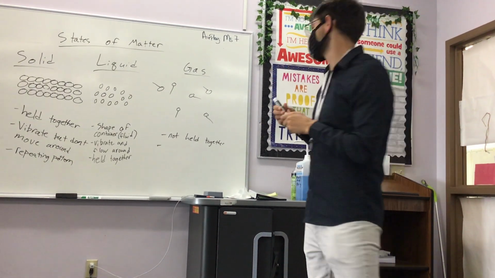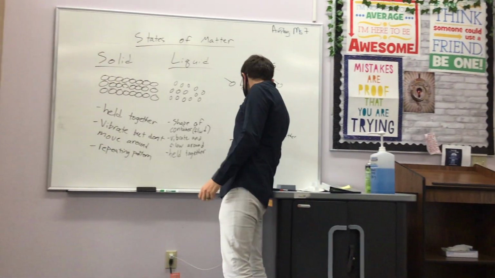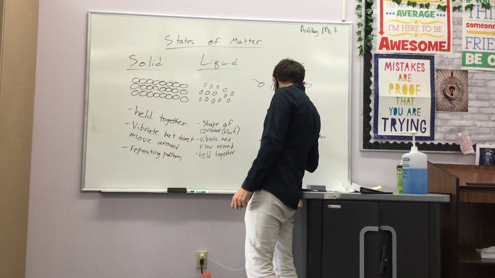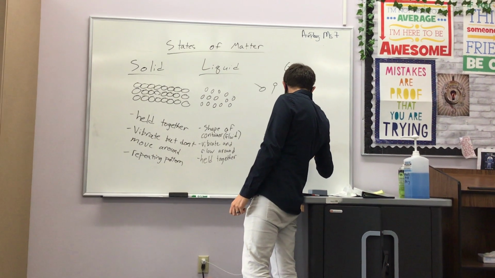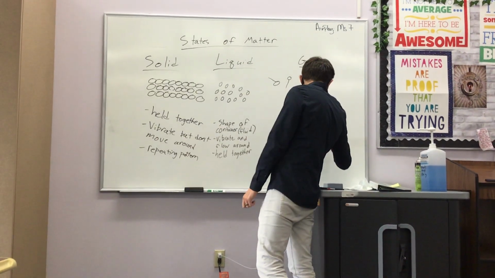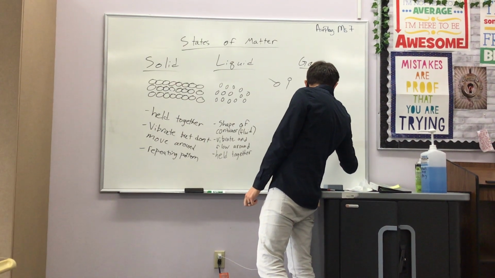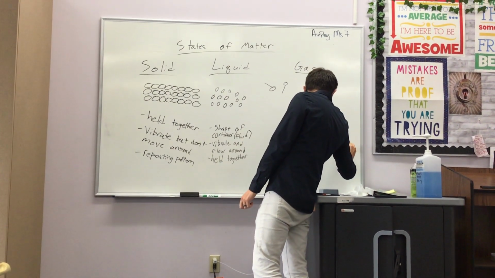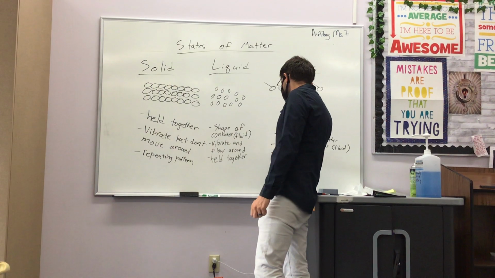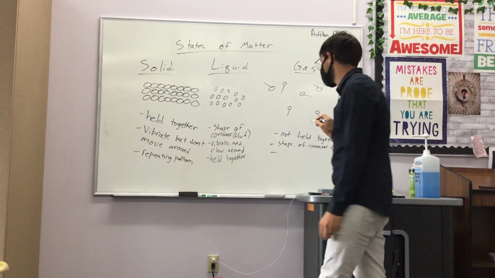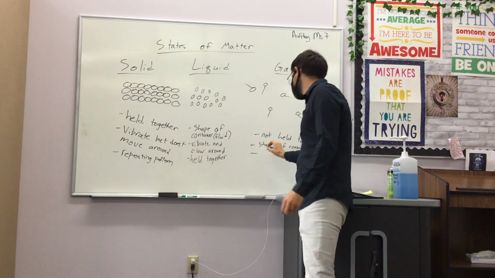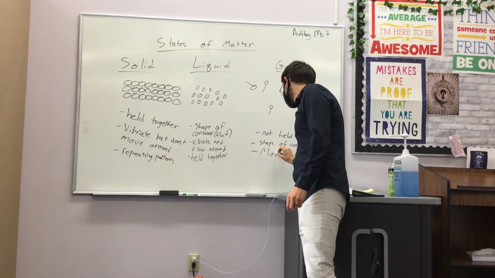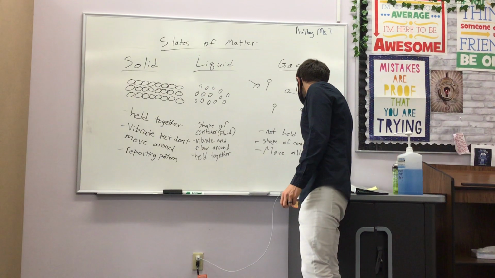So it would be the shape of the container, which is called what? Starts with an F? Fluid. That's exactly right. So it's a fluid, and they're just moving all over the place.